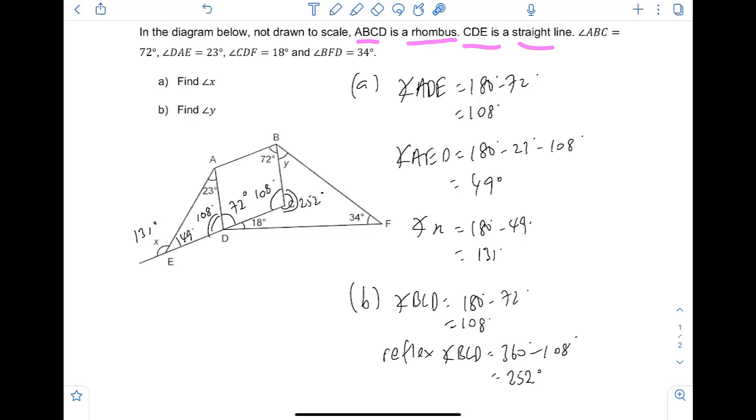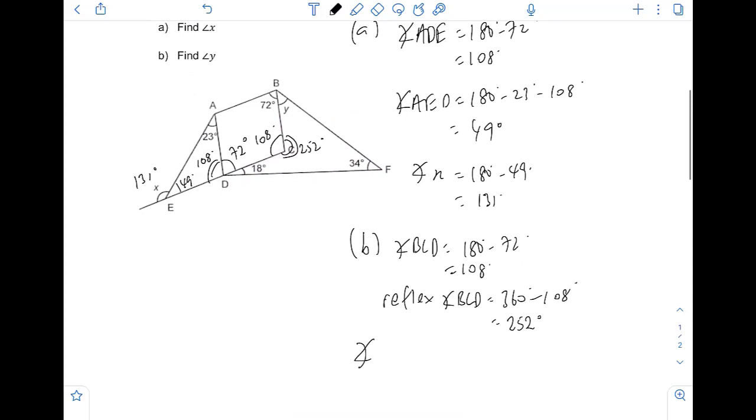And in order to find Y again, because Y is part of a four-sided figure, 1, 2, 3, and 4, we take 360 minus 34 minus 252 minus 18, we can get the angle Y. (360 minus 252 minus 18 degrees minus 34 degrees.